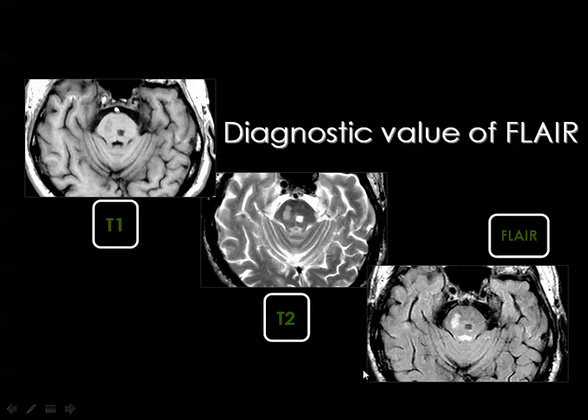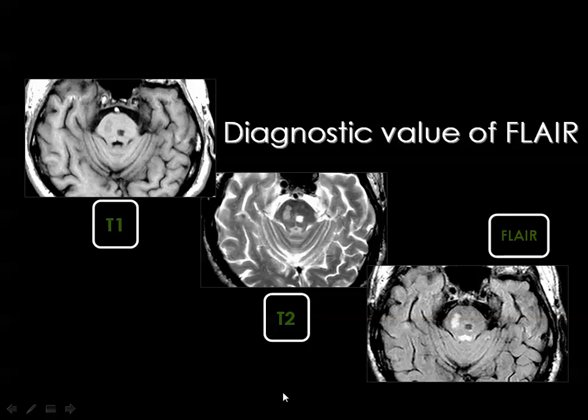The infarction which is chronic and totally liquefied will behave like the CSF in the FLAIR images, so it will appear black. While the infarction which is not yet liquefied will show some low signal in the T1 and high signal in the T2, and also high signal in the FLAIR images.